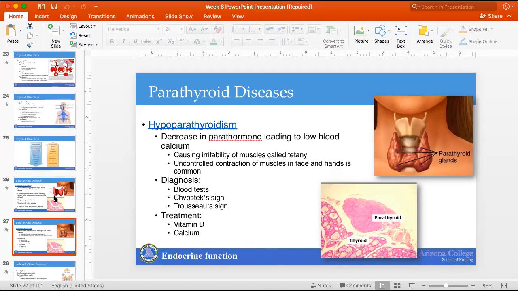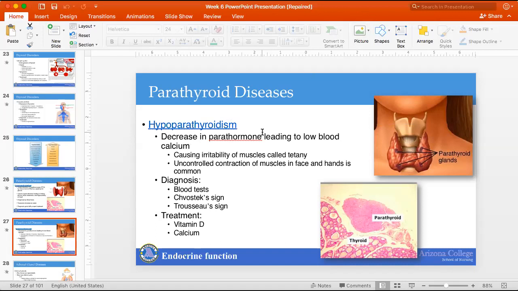Okay, now we have hypoparathyroidism. In this case, we're going to have a decrease in that parathormone, leading to low blood calcium. If we go back, the thyroid gland releases calcitonin when your blood has more calcium in it than it needs. And so what it does is it tells the calcium to go into your bones and into your muscles.